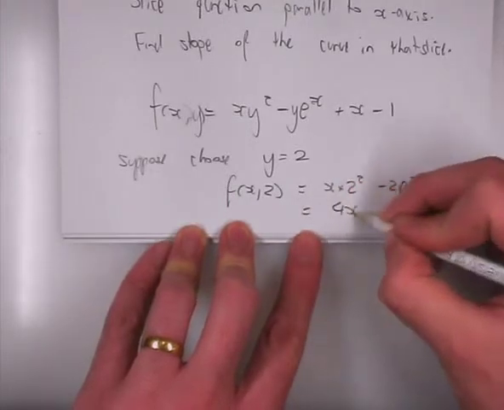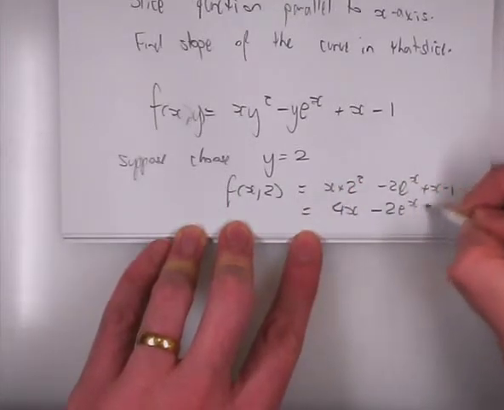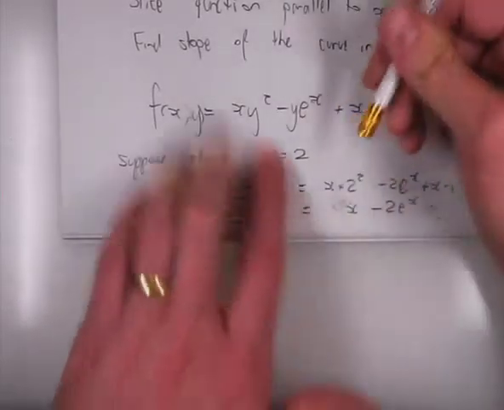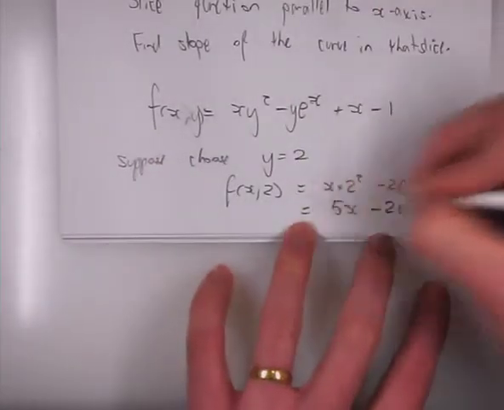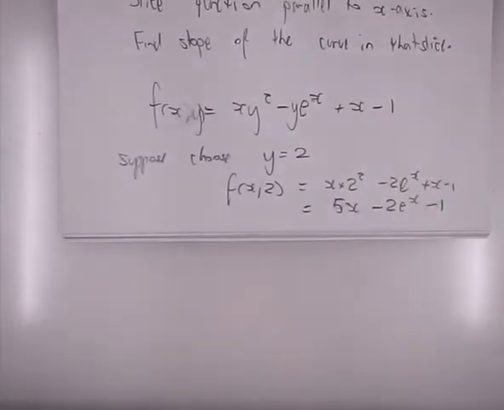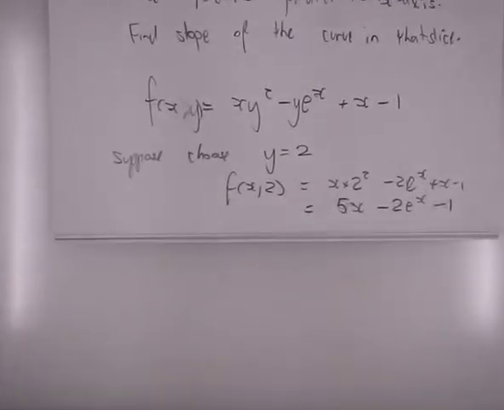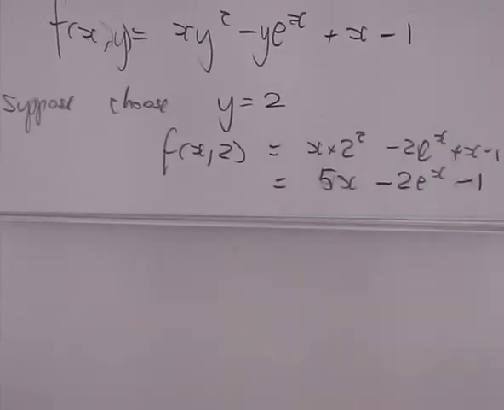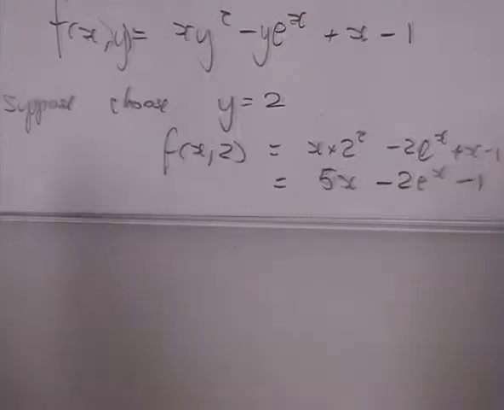So we've got 4x minus 2 e to the x. It's actually 5x then, isn't it? Minus 1. And I have a perfectly good formula that only involves x. It doesn't involve y because I've picked y to be equal to 2. So now that I'm just looking in that slice where y is equal to 2, it's just an ordinary one-variable function, and I can find the derivative here.